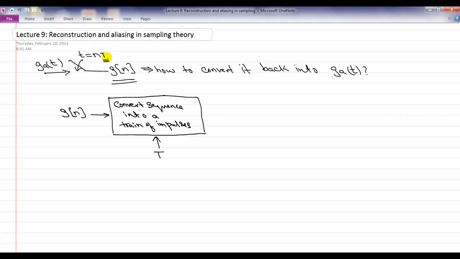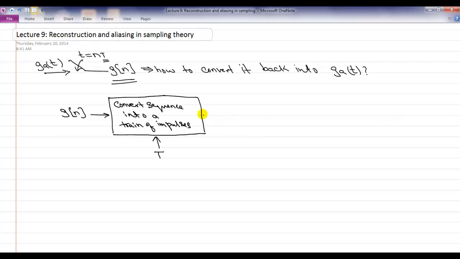This is very important. In a digital system, all you are given is a sequence of numbers. You have to know the rate at which you acquired that sequence to be able to reconstruct that signal. If I change this T to something else, the final result that you will get may not look like what you had originally started with.